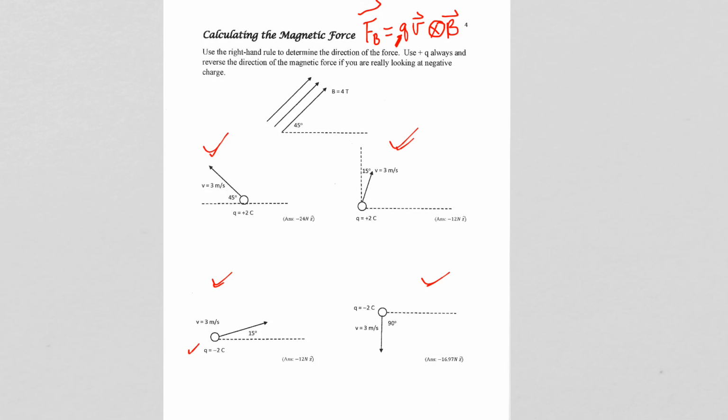In this case, it will either be coming out of the paper or into the paper based on whether it's a positive Q, where you leave your thumb direction the same, or a negative Q, where you reverse your thumb direction. And we will talk about this in class as well. But if you pause the video right here, attempt them, and when you unpause, I will show you the solution. So go ahead and pause.